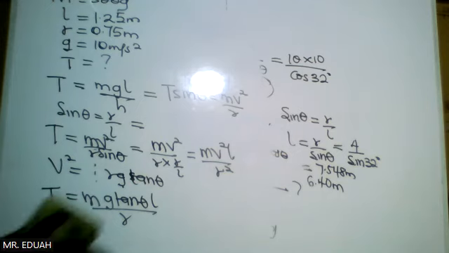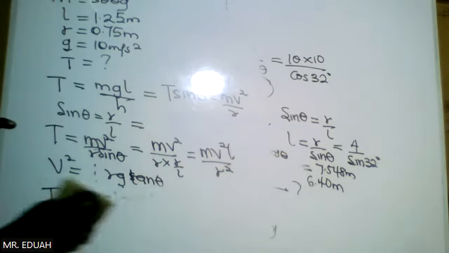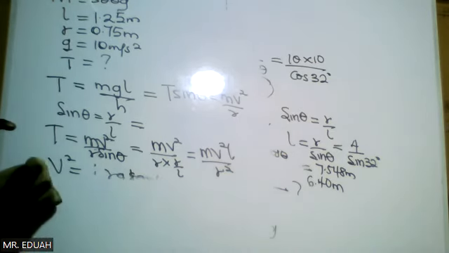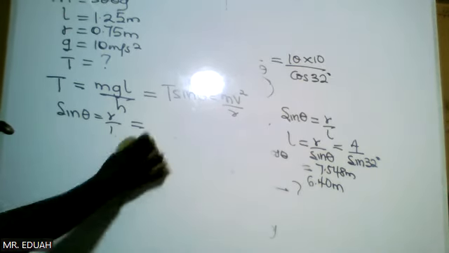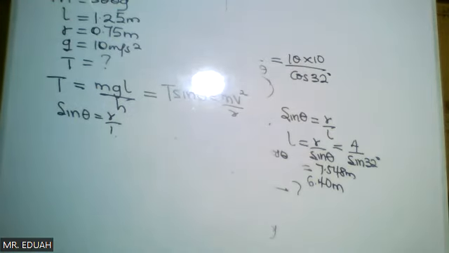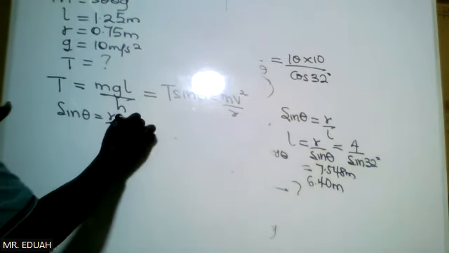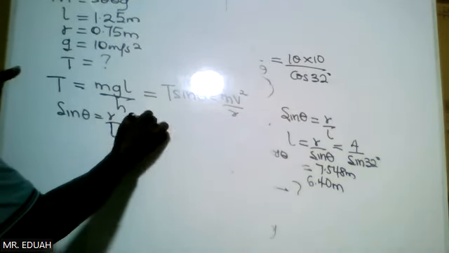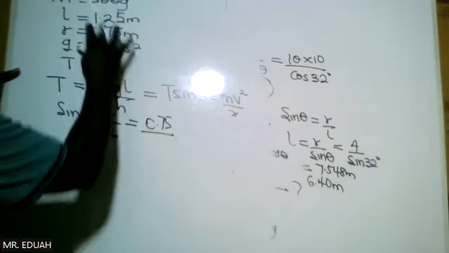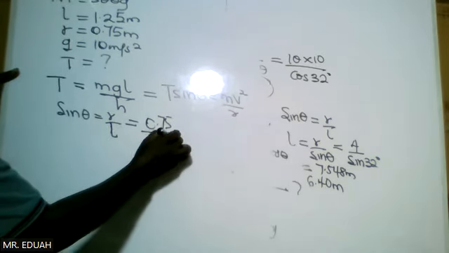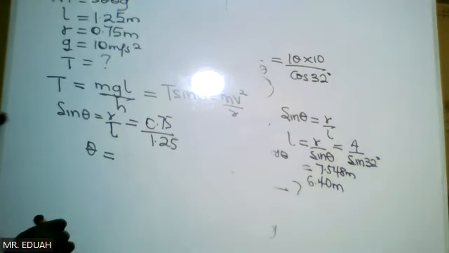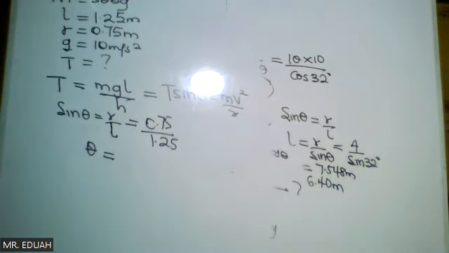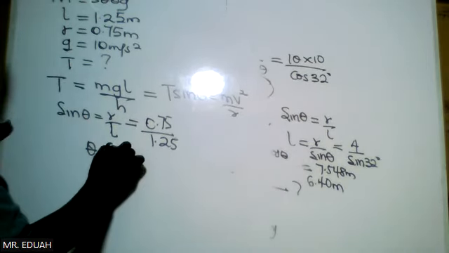Let's use what we have quickly. We find the angle theta: sine theta is R, 0.75, over L, 1.25. Therefore theta is equal to 36.86.